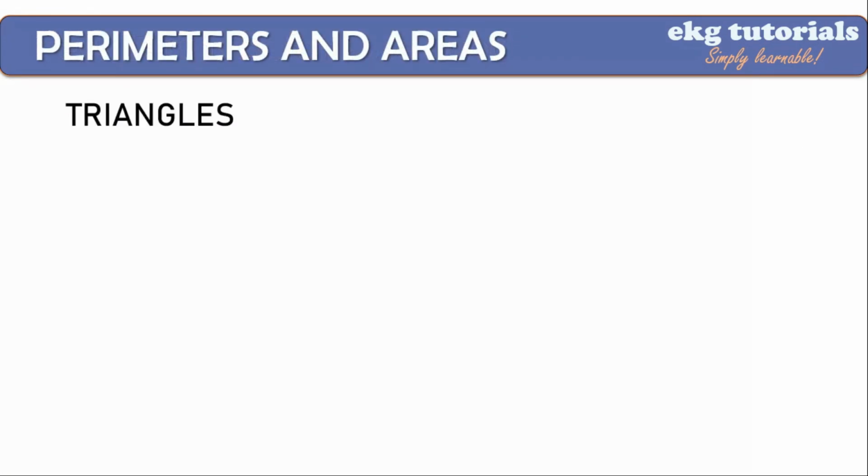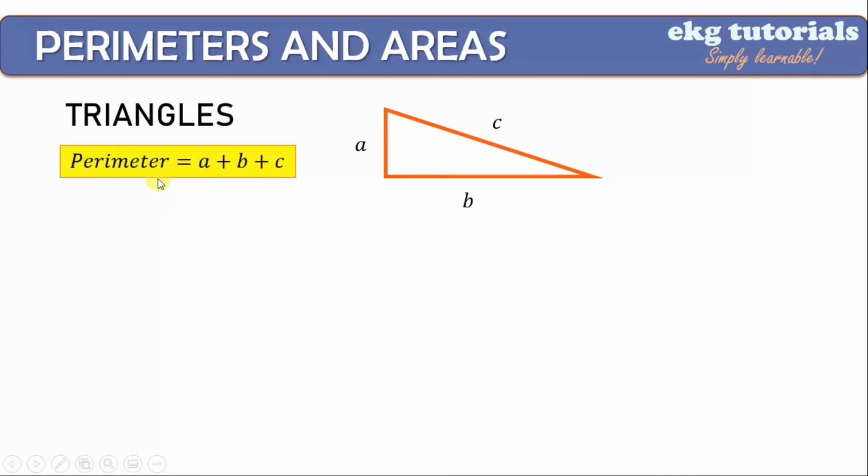So for triangles, alam natin that a triangle, katatapos lang natin ng trigonometry. So alam natin that this is the shape of a right triangle. So for a triangle, perimeter is basically the sum of all sides. So i-add lang natin side here plus side dito plus side dyan. That is the perimeter. So napakasimple lang.